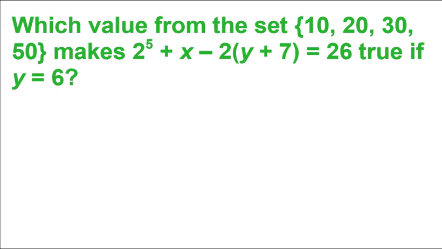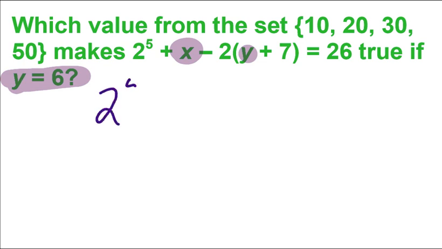So another one that's a little more complicated. It's asking which value from the set, again, makes the equation true. The equation has 2 variables. You see we got x, we got a y. The good news is when it's got 2 variables, it'll usually tell you what one of them is. Still works the exact same way. We're plugging in for the value they did not give us, in this case the x.